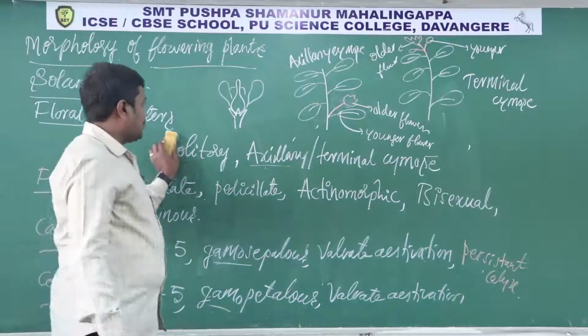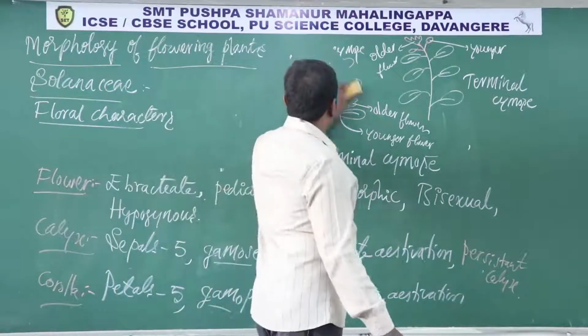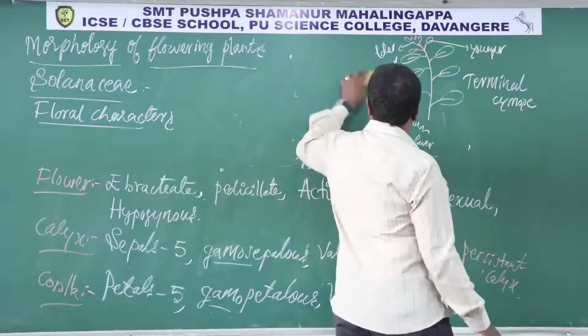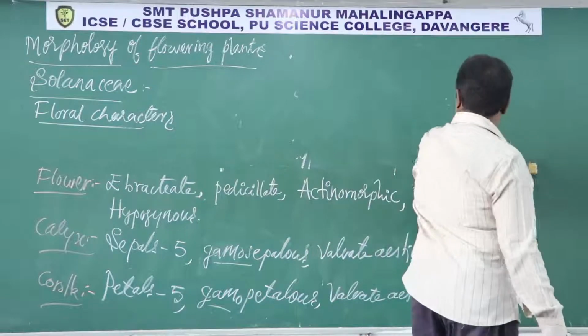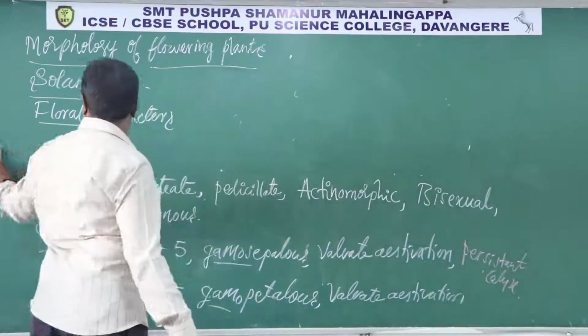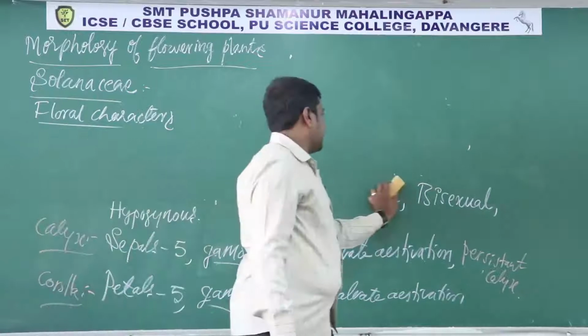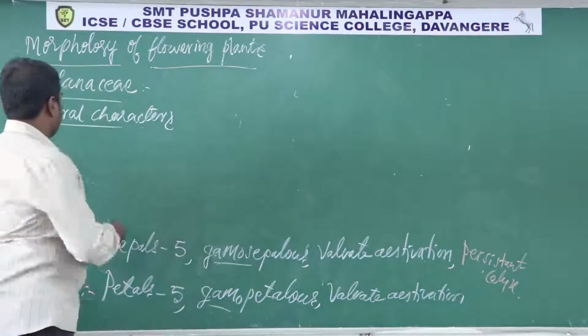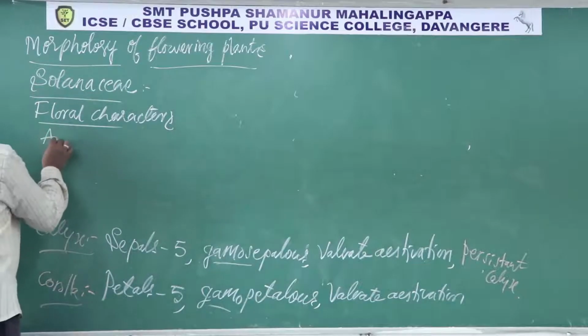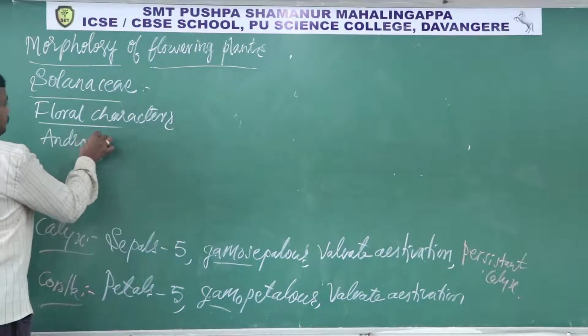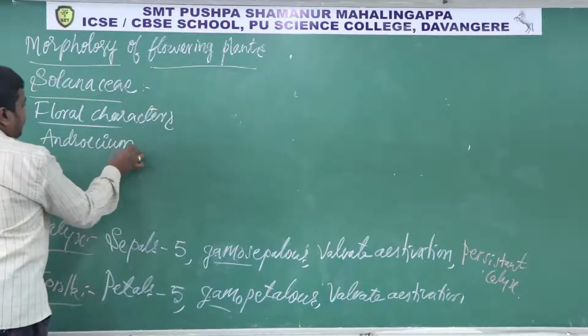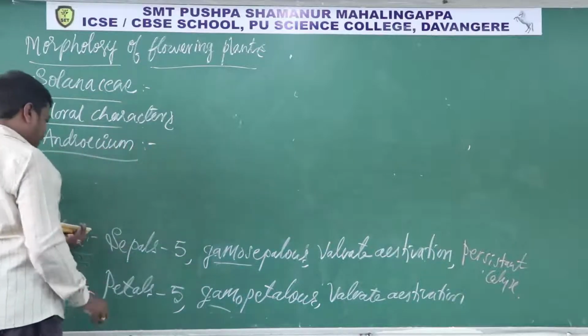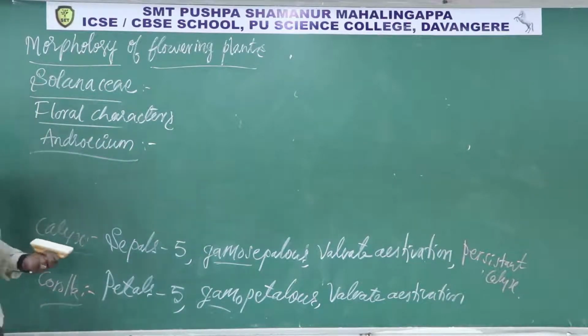So next is the androecium character. So let us discuss the androecium character. The number of stamens present is 5.